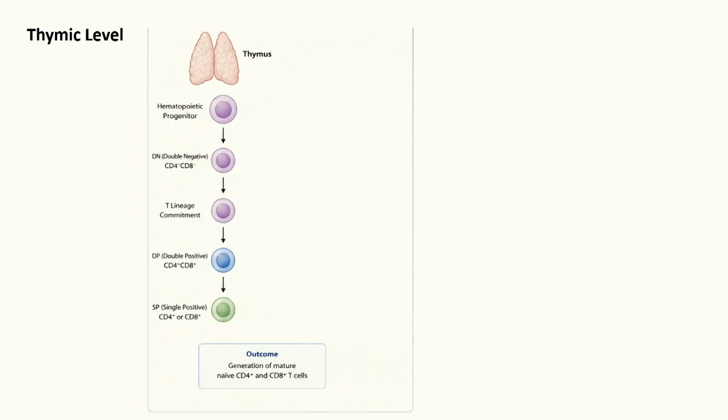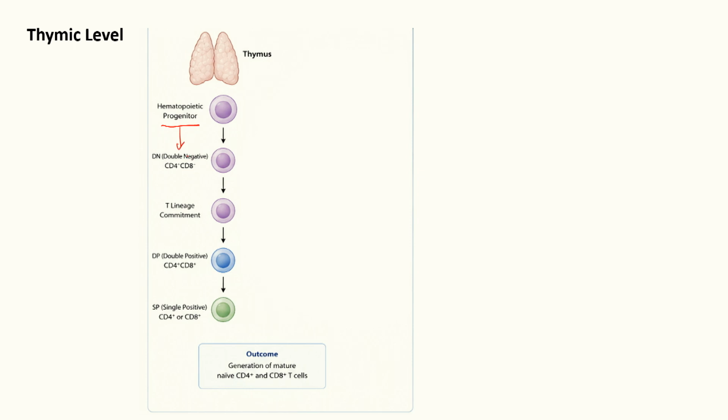In the thymus there is a progenitor cell which we call hematopoietic, which stands for the cells that form the blood cells, particularly the immune cells. After differentiation, these hematopoietic progenitor cells are converted into double negative, which we call DN, where CD4 and CD8 are both negative.